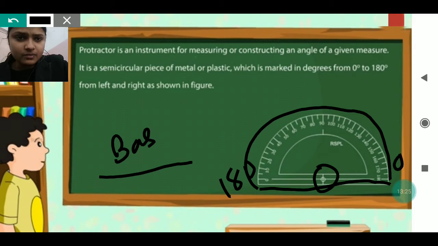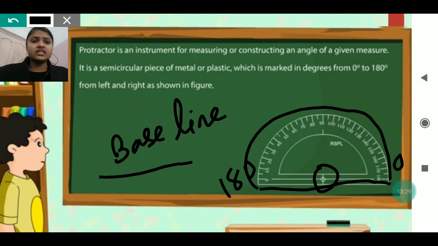You can see in the middle one line is there. You can see this line here. Here it is 90 degrees. So whenever we are measuring any angle, my dear, we keep this middle one on the vertex. Vertex you know, that is where the two rays are meeting.